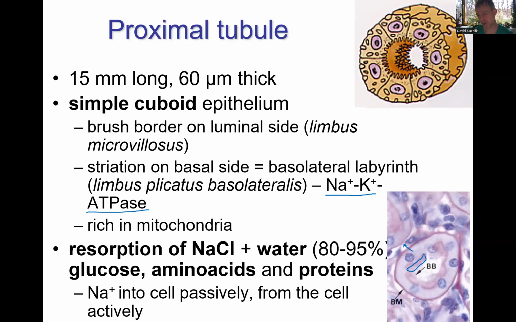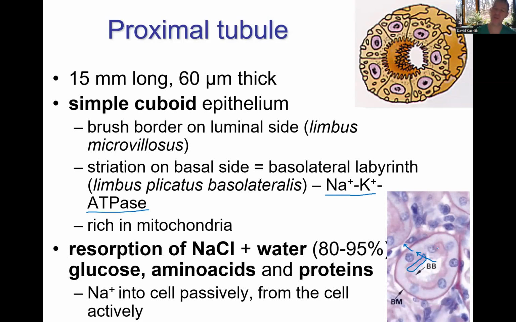This means that then from the fluid, the sodium is transported passively into the cell. And when we have this concentration gradient, it also takes water. And that's the main reason how we reabsorb the water and ions from the primitive urine, and we can save the majority of this fluid.